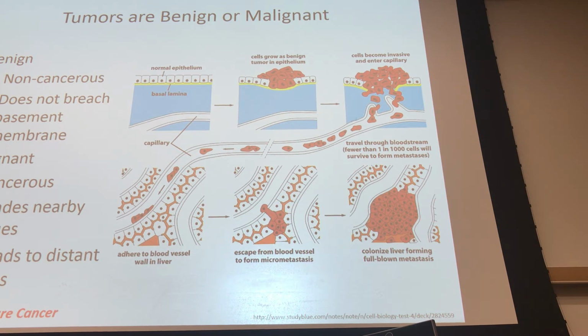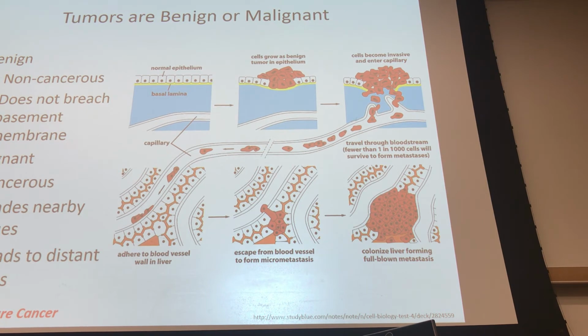So here, if you take epithelial cells, for example, some sort of solid tumor, say prostate cancer, you've got normal epithelial cells. Right below our epithelial cells is something called a basement membrane, okay? And then this would be a blood vessel right here. This is your extracellular matrix, and then here is your blood vessel.